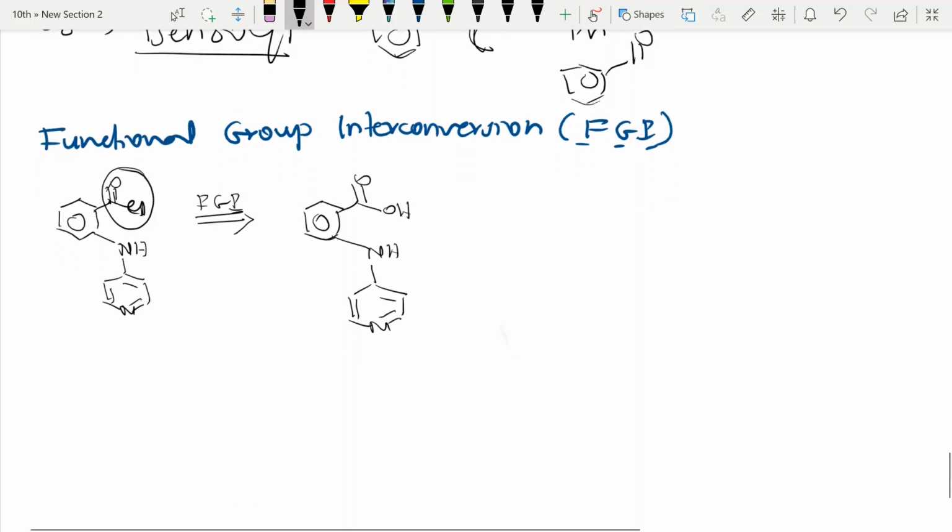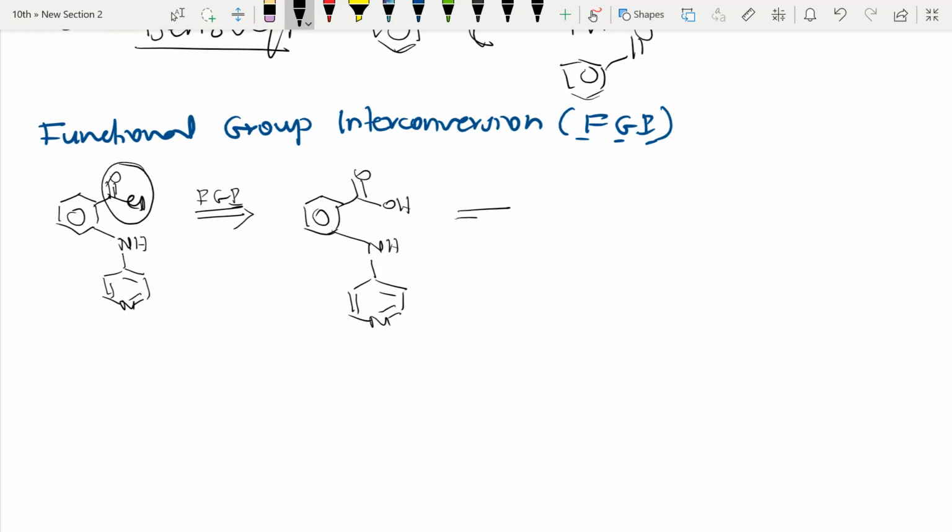So further what happens, see here, this is the retrosynthetic arrow. FGI means functional group interconversion I am doing in retrosynthesis. This stands for retrosynthesis, because whatever I write on the retrosynthetic arrow, it all depends upon retrosynthesis only. So here what I will do, I am going to break this CN bond.